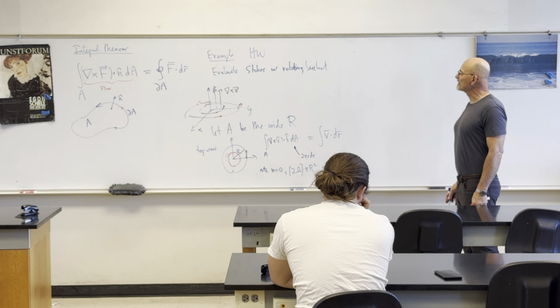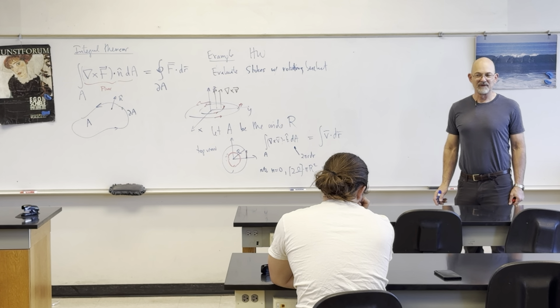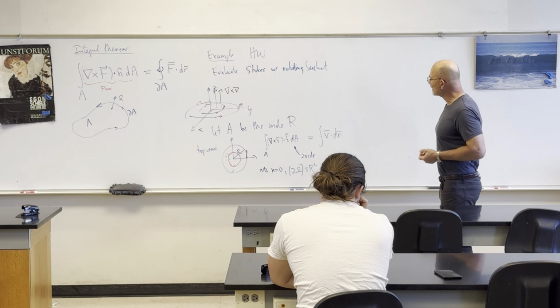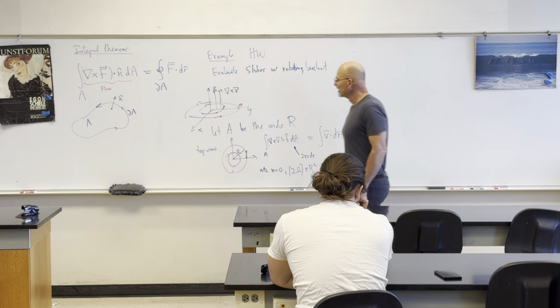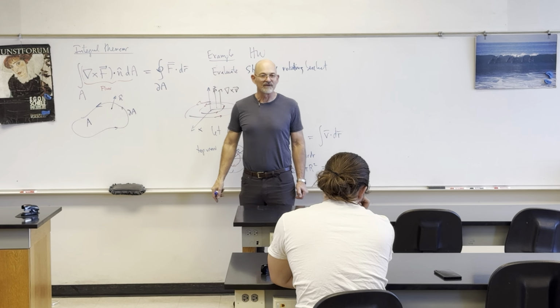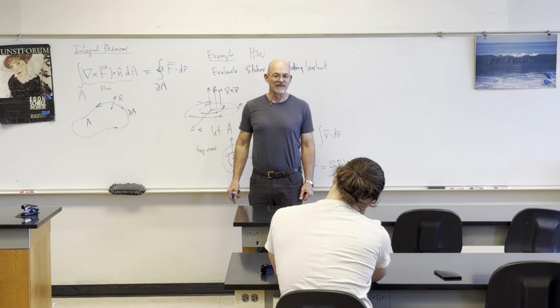Now there's going to be an interesting case, because when n is equal to 2, we found that the curl vanishes. So the left side is going to vanish, but the right side is not going to vanish. And that puts us into a really interesting conundrum.